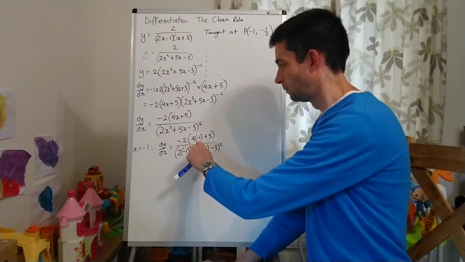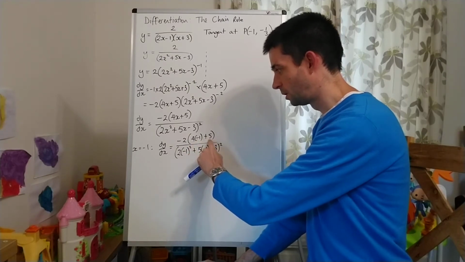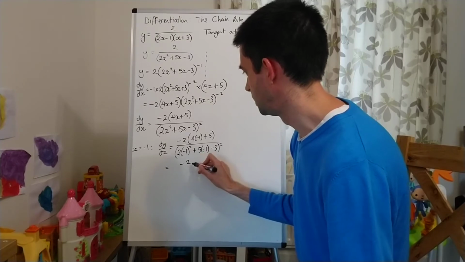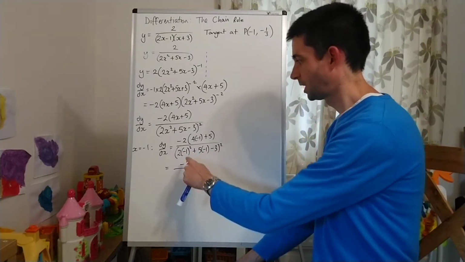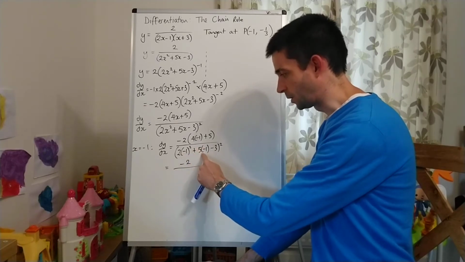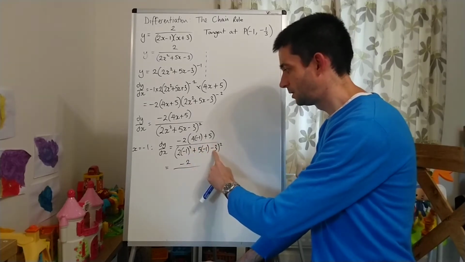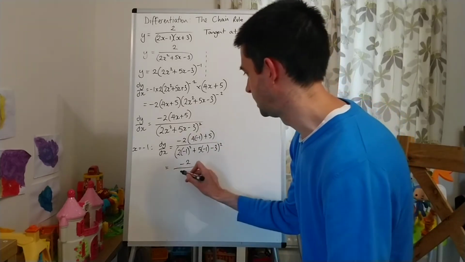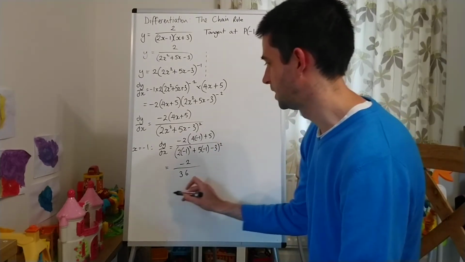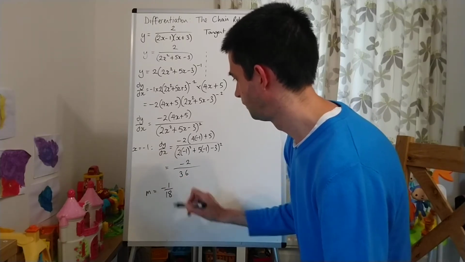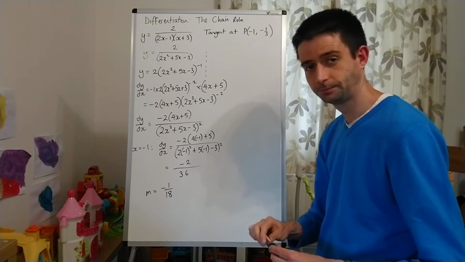So 4 times -1 is -4, plus 5 is 1, so times by -2, I'm going to have -2 on my numerator. -1 squared is 1, so I'm going to have 2, take away 5, which is -3, take away 3, -6. Square that is positive 36, so -2 over 36, which means that my gradient is -1 over 18.